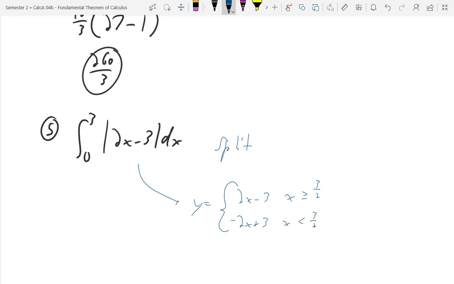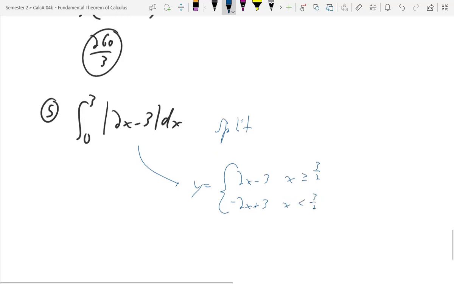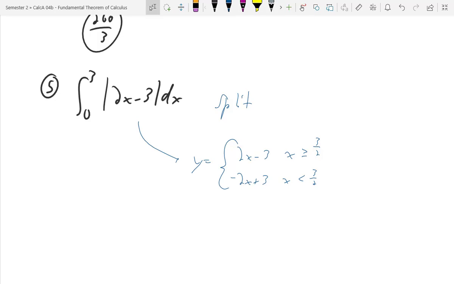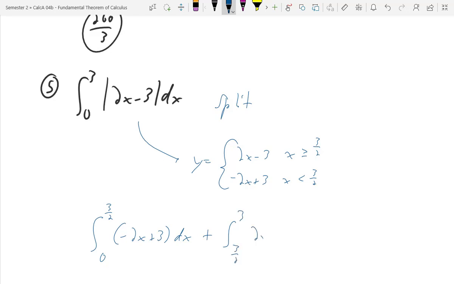You don't have to write that for me, but I do want you to understand where that split happens and what's going to be going on here. What's really happening is you're going to do an integral from 0 to 3/2 of the opposite of that, negative 2x plus 3 dx. And you're going to add that to an integral from 3/2 to 3 of the positive version. Do you see why that's going to get it?